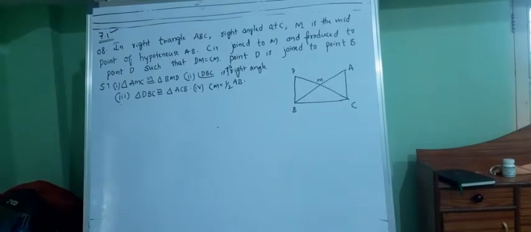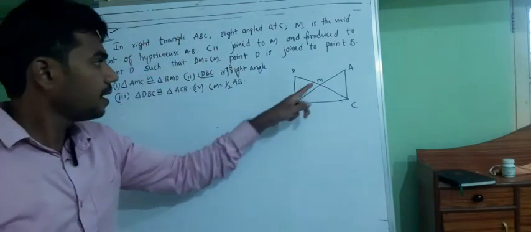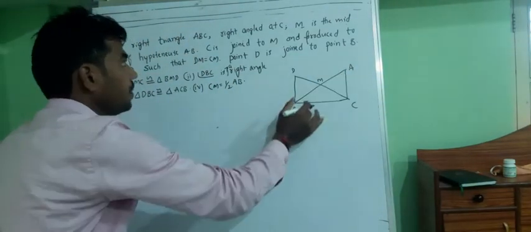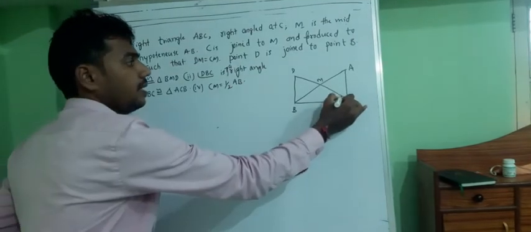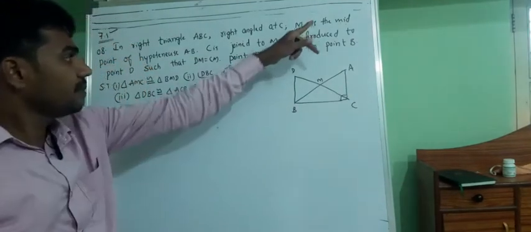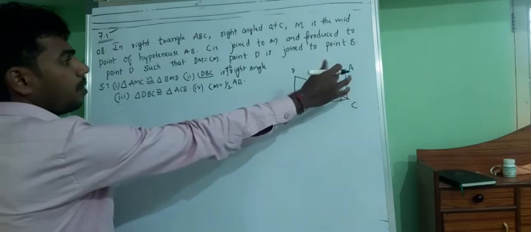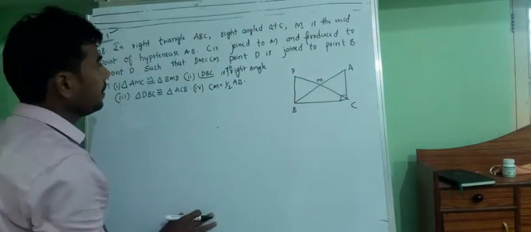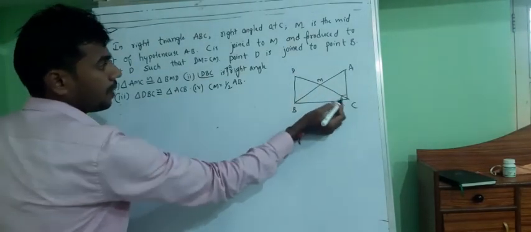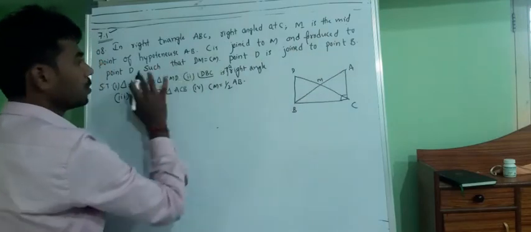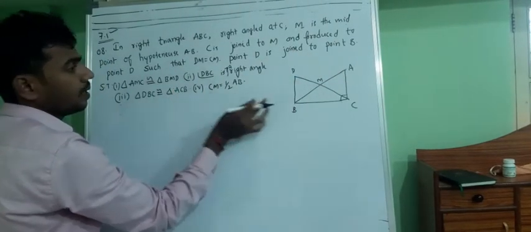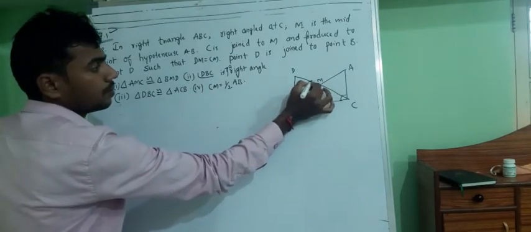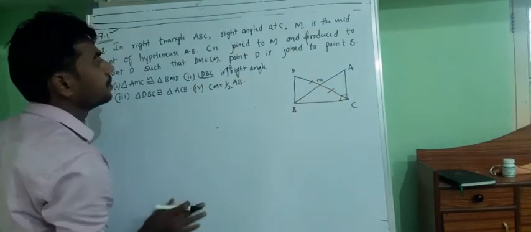Eighth question. In right angle triangle ABC, right angled at C, M is the midpoint of the hypotenuse AB. C is joined to M and produced to D such that DM is equal to CM.